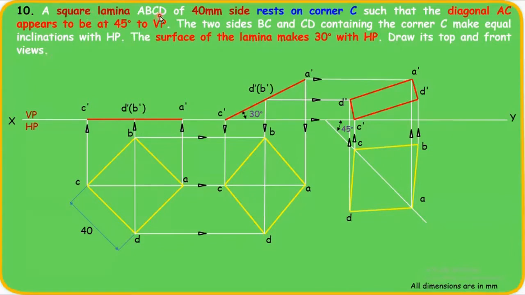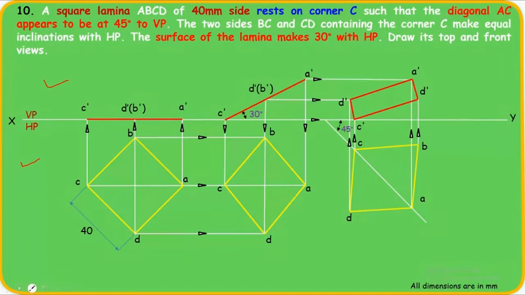In the question, you first have to identify where it is placed, whether it is resting on the horizontal plane or on the vertical plane. A square lamina ABCD of 40 mm side rests on corner C such that diagonal AC appears to be inclined to VP at 45 degrees, and the surface of the lamina makes 30 degrees with HP.